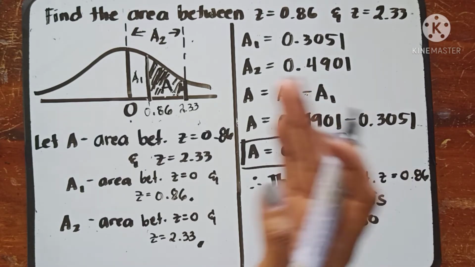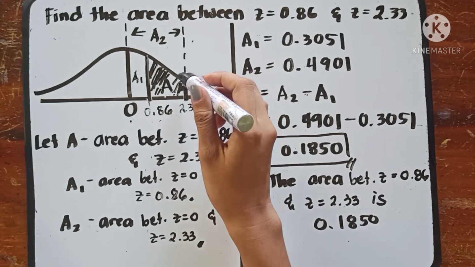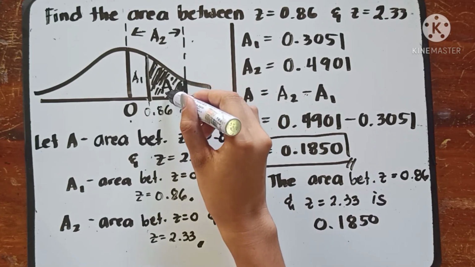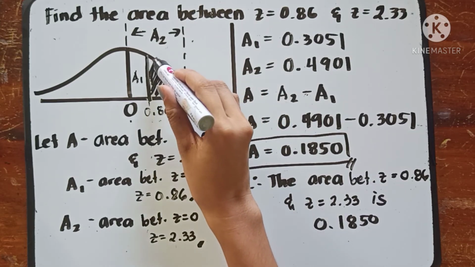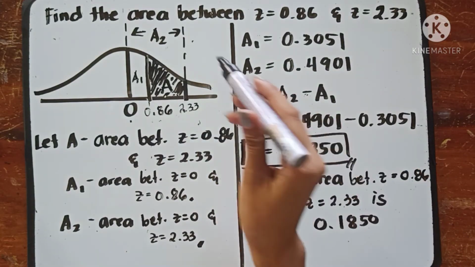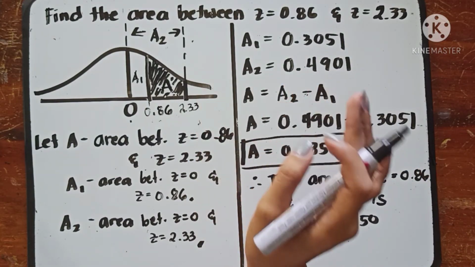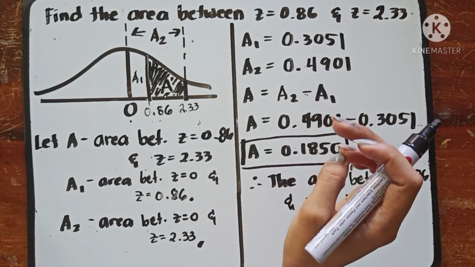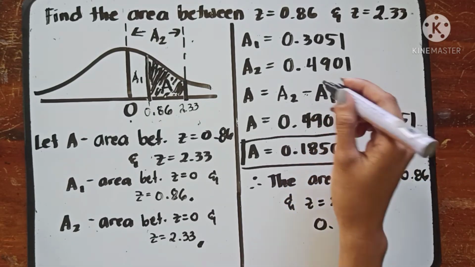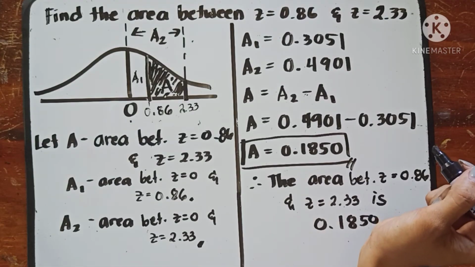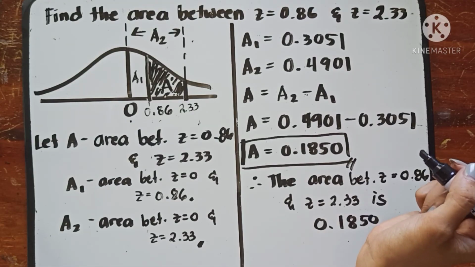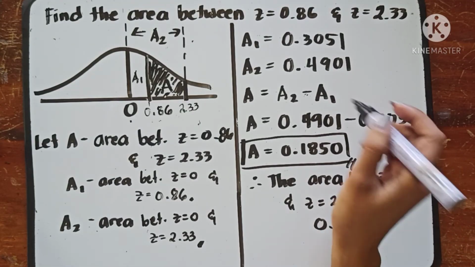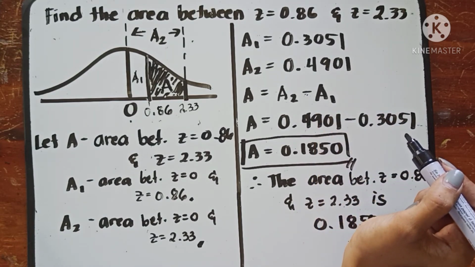Okay, so guys, ganito. Kapag ang mayroon lang shade sa ating curve is nasa kanan lang or nasa kaliwa lang, okay? Kapag isang side lang yung nakuha mo sa normal curve, ang operation nun ay subtraction. Okay? Again, kapag isang side lang yung nakuha mo sa normal curve, ang operation nun ay subtraction.